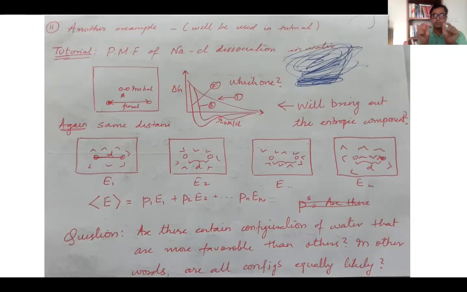So we'll take sodium and chloride in water and move them and generate trajectories at different distances, and then try to find how the dissociation free energy changes with the distance, and then look for something that is non-obvious. You would assume that for sodium and chloride there must be a minimum where they like each other, and then after that it is all essentially uphill from there.